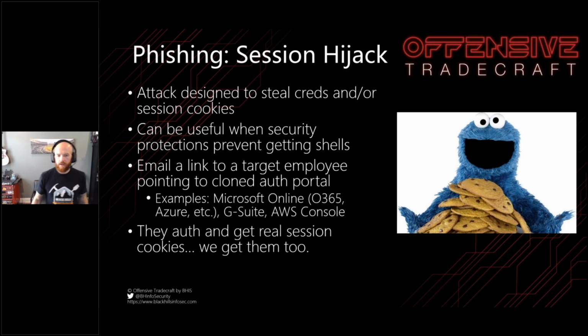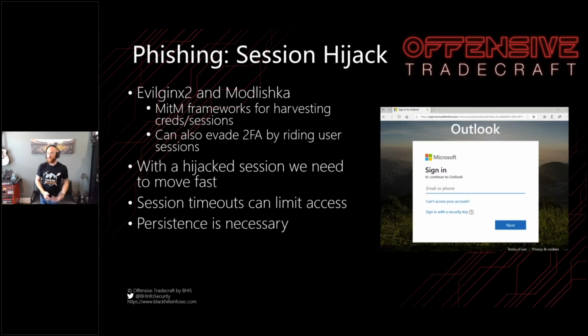So we email a link, we clone an auth portal, something like Microsoft Online, G Suite, AWS, whatever we're trying to get access to, and then they go to our website. The domain name is the main thing that we have to make look good, because the rest of it gets handled for us by tools like Evilginx2 and Modlishka.